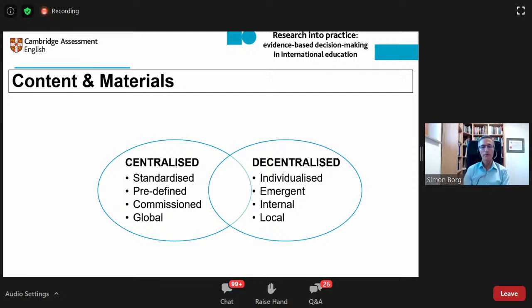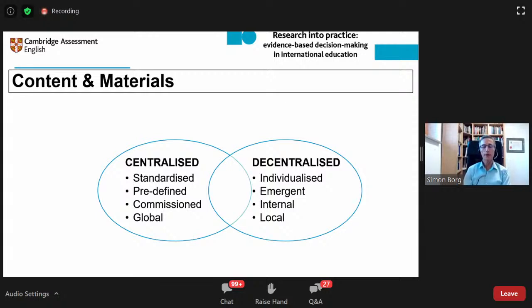But as the program unfolds and participants gain confidence, they are encouraged to contribute their own materials, to develop more locally focused materials that respond to immediate needs that teachers have in their classroom. So it is possible to combine those. And this is an approach that can work quite well.